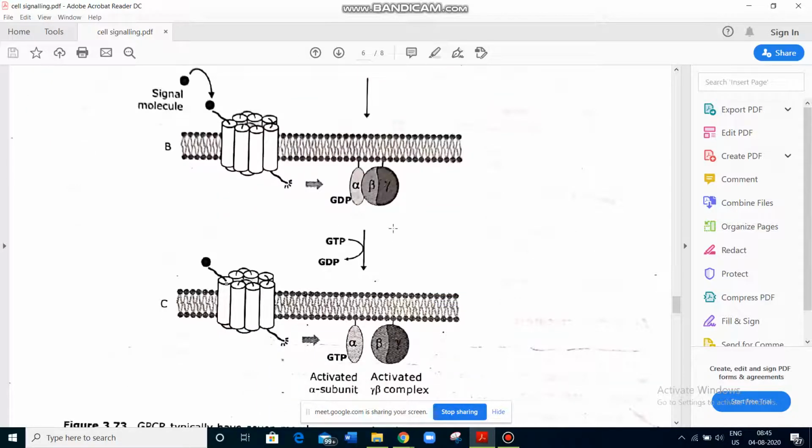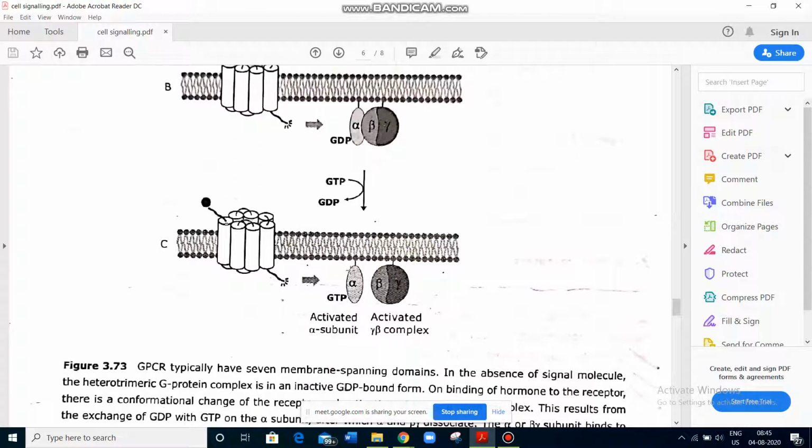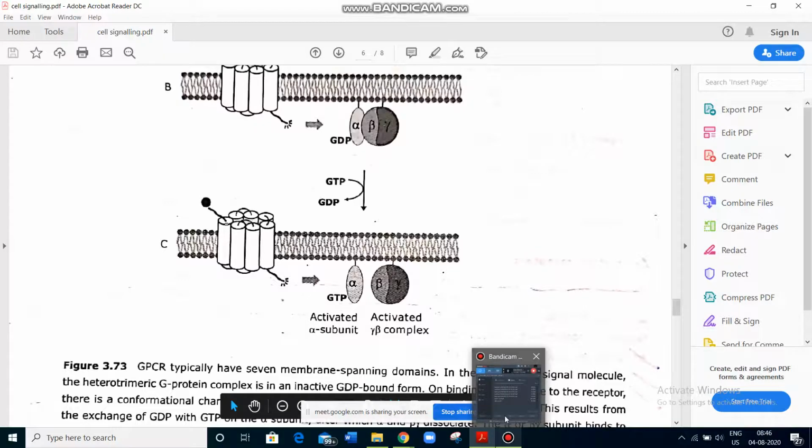So after binding of the GTP molecule, the alpha subunit gets separated from the beta gamma subunit. After detaching, both are converted to an activated alpha subunit and an activated beta gamma subunit, or complex. Now this is in the active form. Is that clear to all of you?